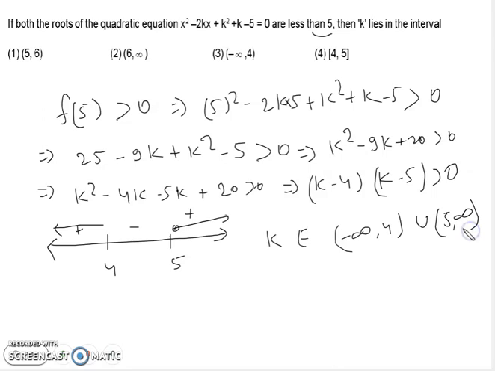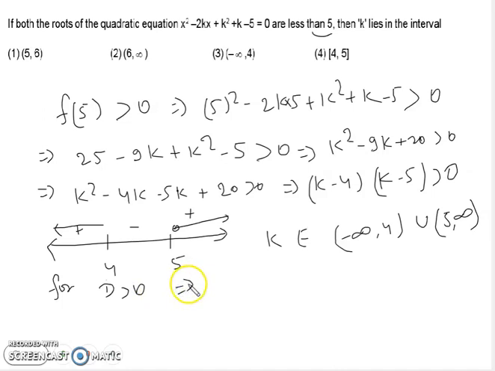From this, for real roots, according to the question, D is also greater than 0, right? And what is the value of D?